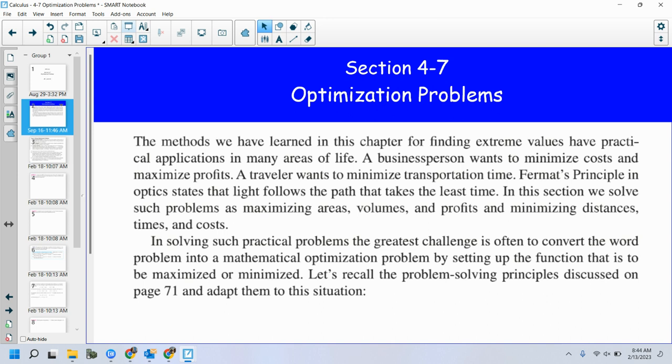Now, we've been doing that all along in chapter 4. Finding the biggest or smallest amount of something is finding the maximum or minimum value. If you can model a function based on a real-world situation, whether that be quadratic or cubic or logarithmic or whatever it may be, and you truly want to make it the biggest it possibly could be, what you're going to do is find that maximum point.